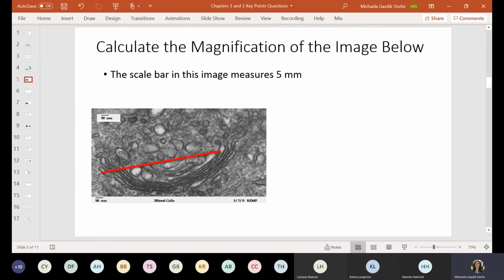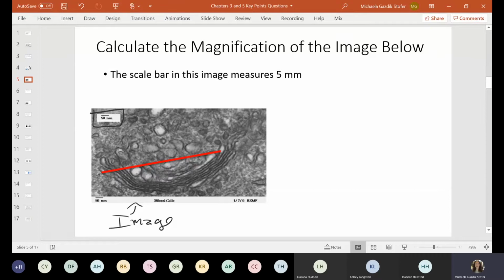Okay, so if we're going to calculate magnification, the biggest thing when you're looking at anything that comes out of a microscope is to remember that this is an image. Okay? Anything you can see on this picture is an image. It's blown up and magnified big enough so that you can see it. And the key to know how much bigger this is than the actual organism that you're looking at is what's called the scale bar.